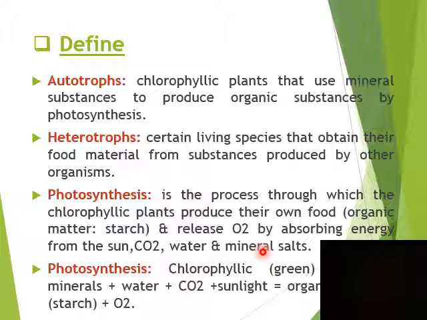This mechanism represents photosynthesis. So we can simplify it more. Photosynthesis requires a chlorophyllic or green plant, which is characterized by doing photosynthesis. Why? Because the chlorophyllic plants possess chlorophyll.